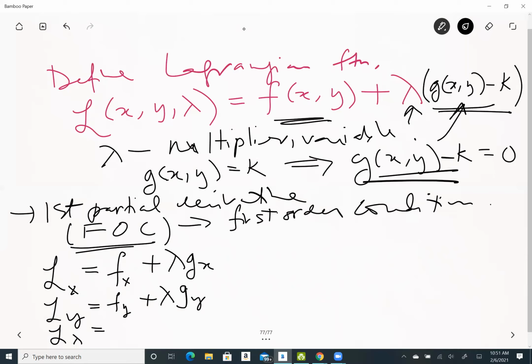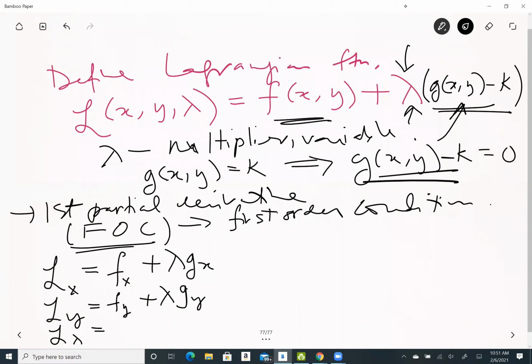All right. And there is another variable, lambda. I take the derivative of L with respect to lambda. If we differentiate with respect to lambda, what do I get? Lambda is the variable here. It's just lambda, not lambda squared or anything else.